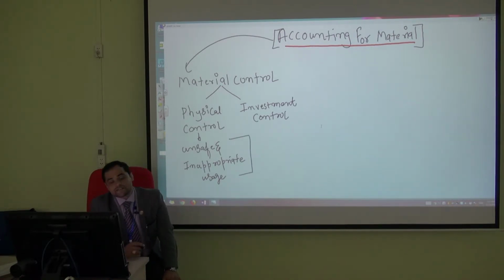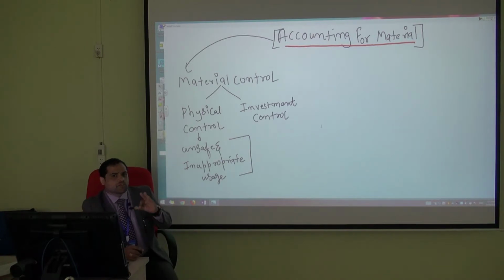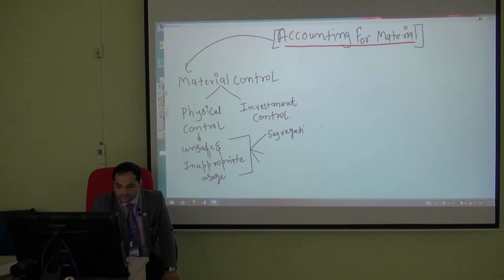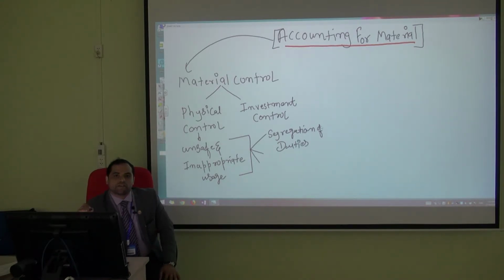So the answer to this question is by doing three things we can protect our material from unsafe or inappropriate usage. The first one is segregation of duties. Right. Segregation of duties.